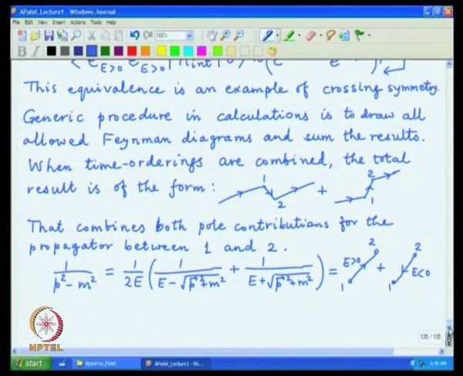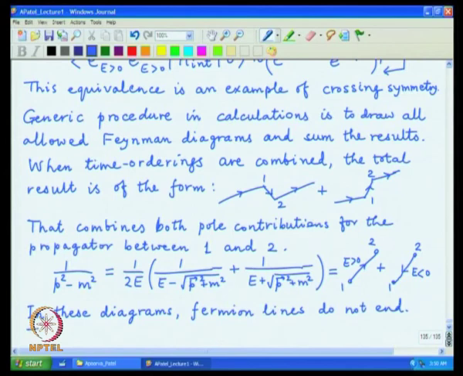I just want to add one more comment, that in these diagrams fermion lines do not end. They always need to be continuous.